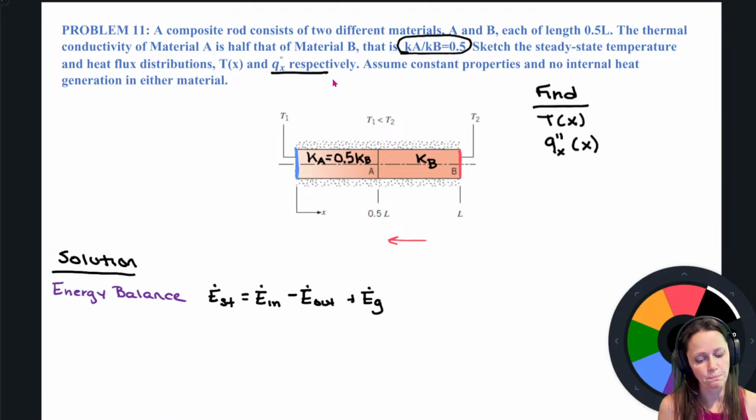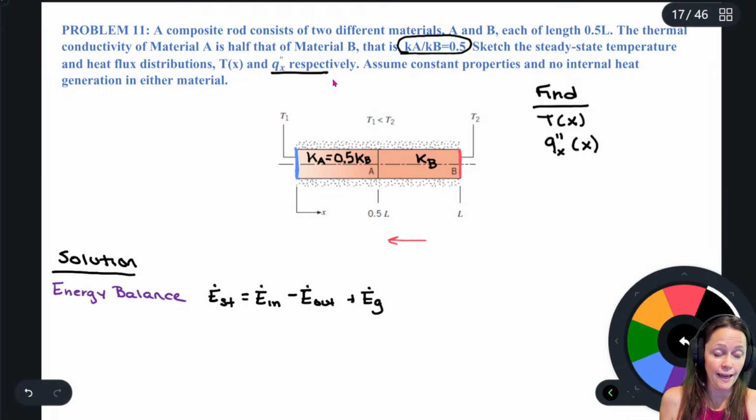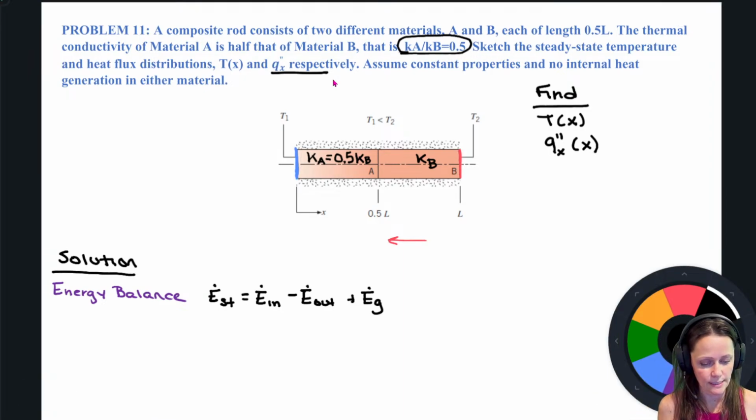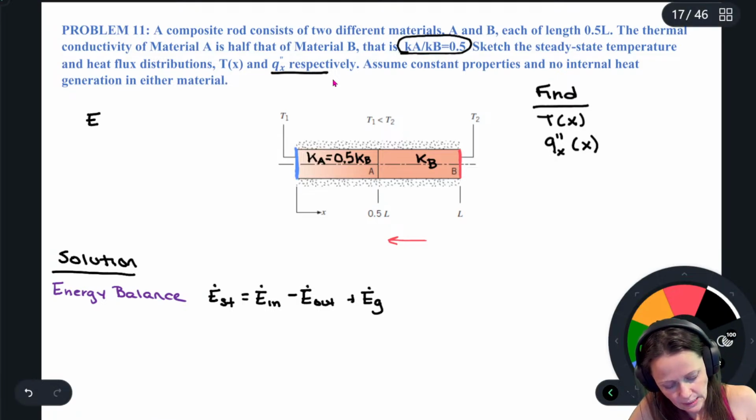Assume constant properties, so Ka is a constant, Kb is a constant, and there's no internal heat generation. They told us enough information to say that this term is going to be 0. Perfect.